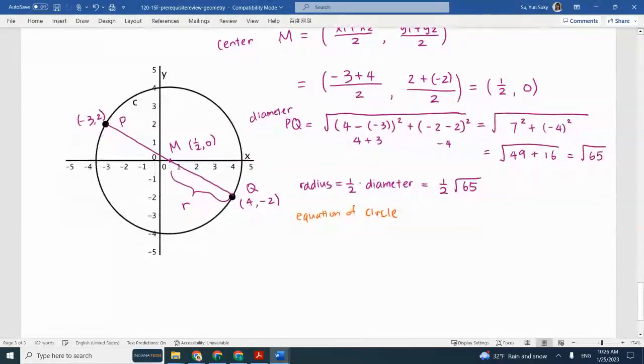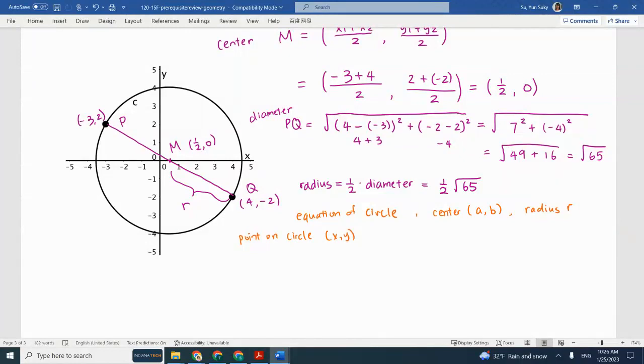Okay, so if a circle has center A, comma B, and radius R, let's say a point on the circle is xy. So a point on the circle, let it vary.